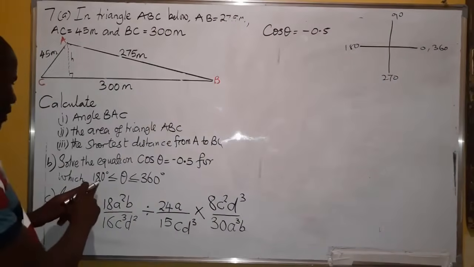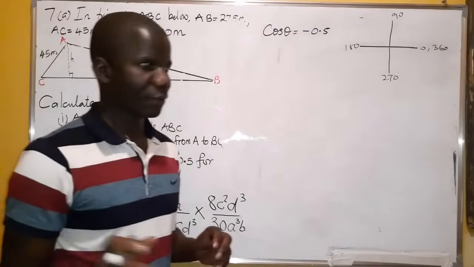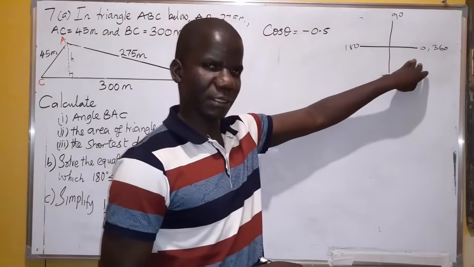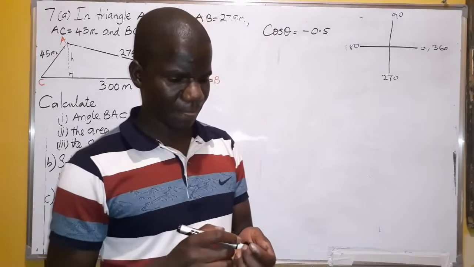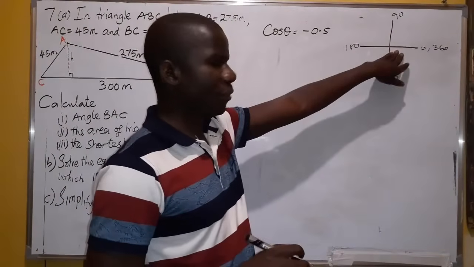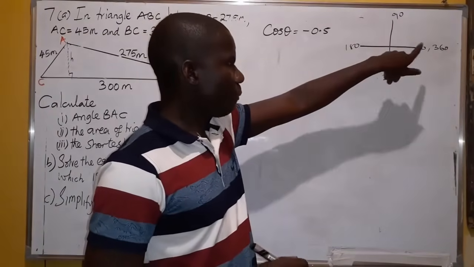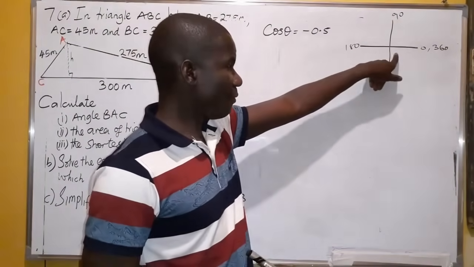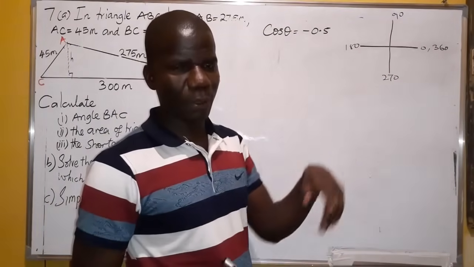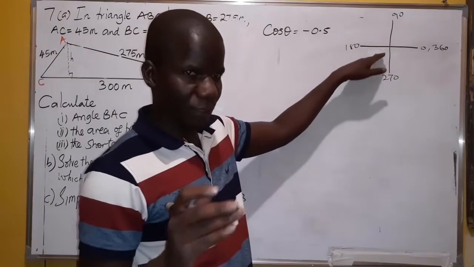When you look at what we have been given here, we are looking at 180 to 360 degrees. So the quadrants that we are considering here are the third and the fourth quadrant. Is that clear? Because of that, we get to discard the fourth quadrant because cos is positive in the fourth quadrant. So we want the value of cos in the quadrant where it is negative. As such, it is the third quadrant.